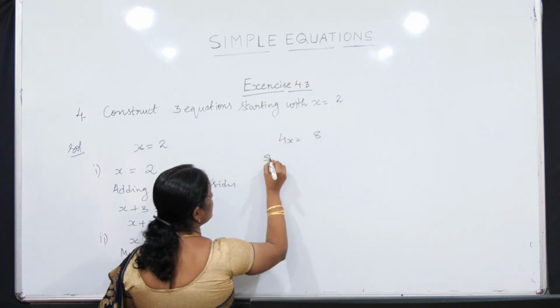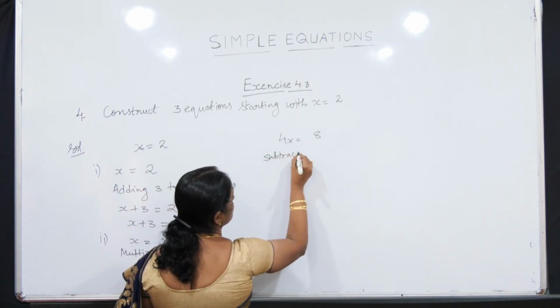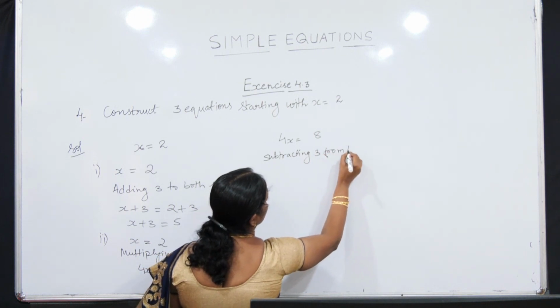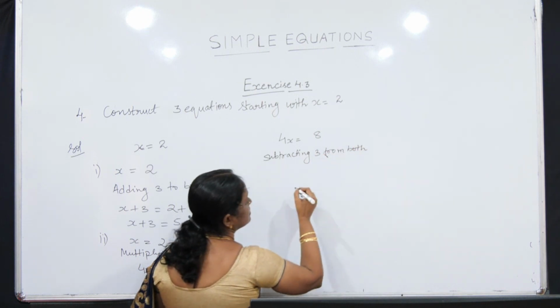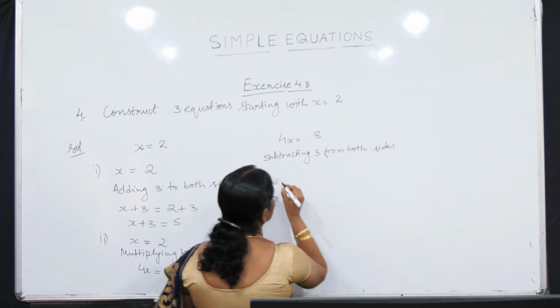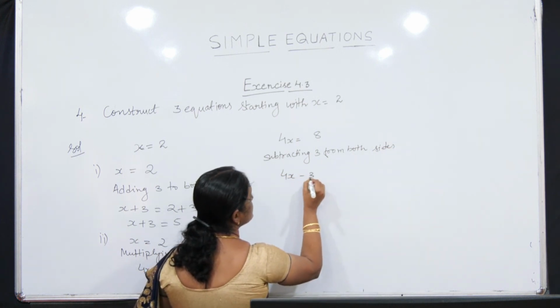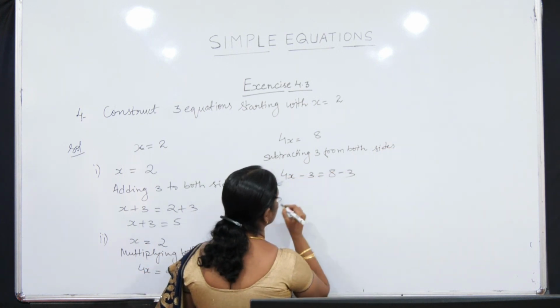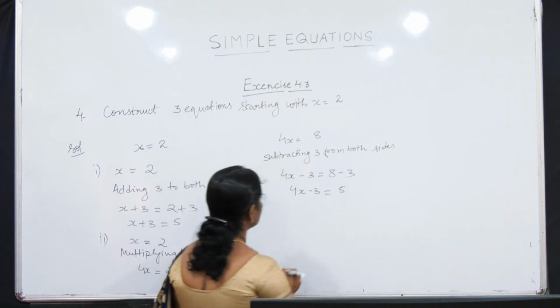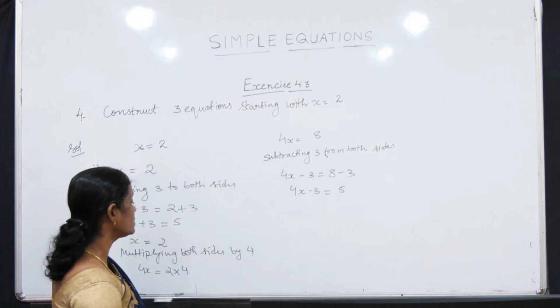Now next, subtracting 3 from both sides. 4x minus 3 is equal to 8 minus 3. So the equation is 4x minus 3 is equal to 5. So the second equation is 4x minus 3 is equal to 5.